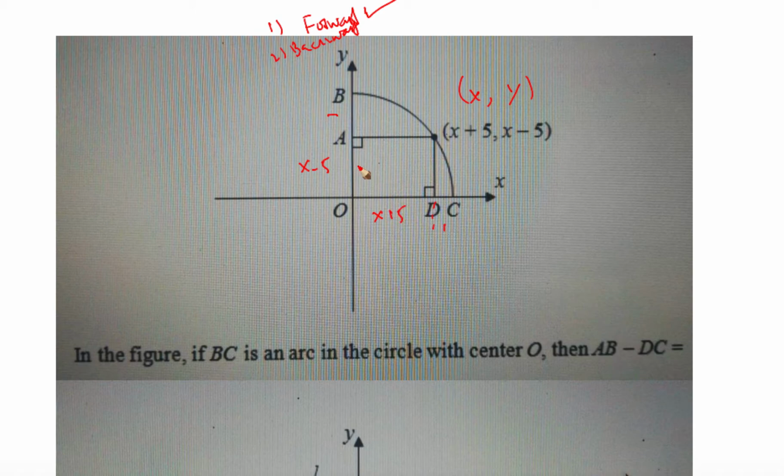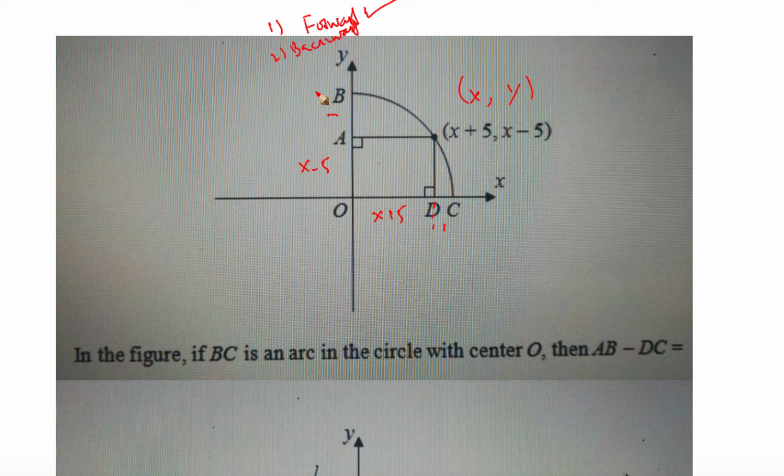So these are the sides of the rectangle or square. I will post one more question related to this. So here it is X minus 5.